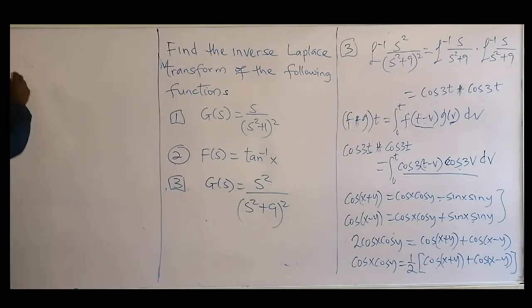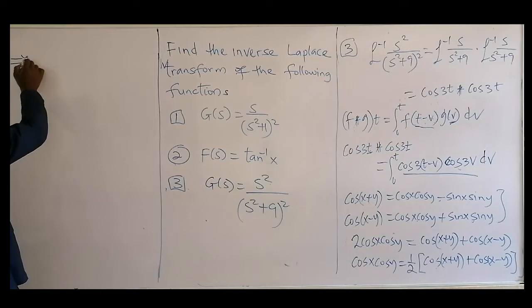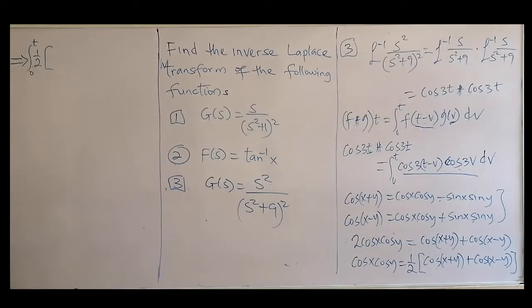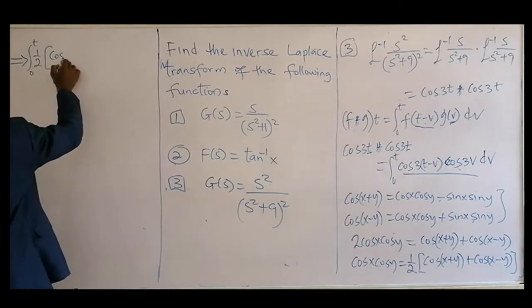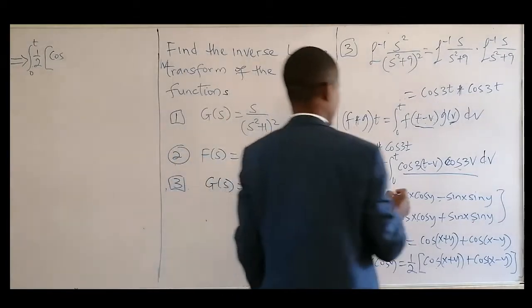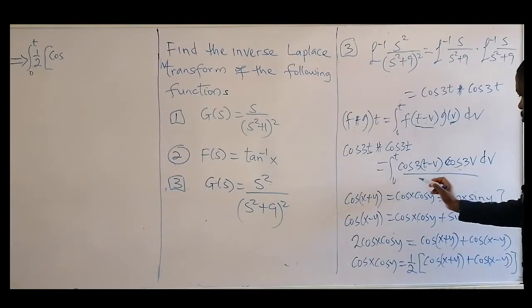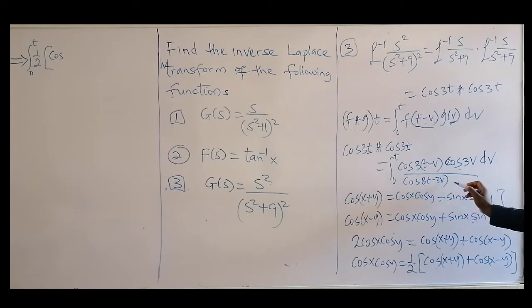Applying that to the question, this will be equal to the integral from 0 to t of one half, open the bracket, cos of 3t minus 3v, and cos 3v. So 3t minus 3v is my x, and 3v is my y.